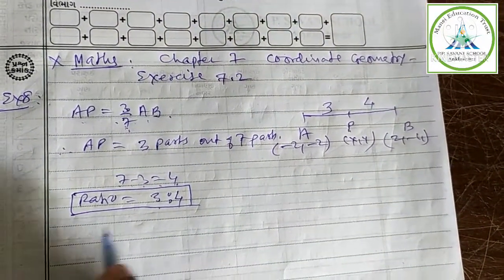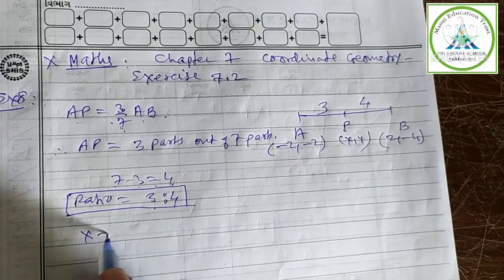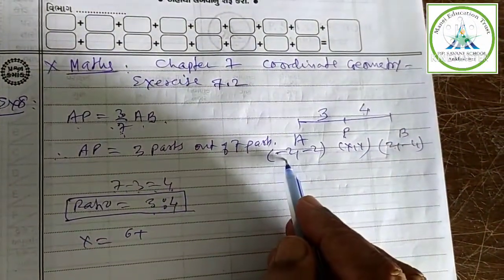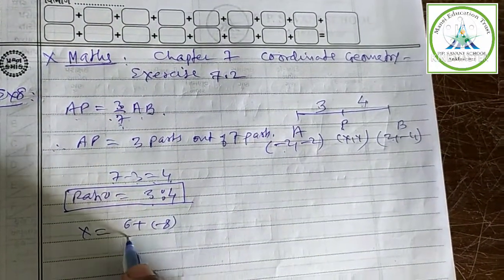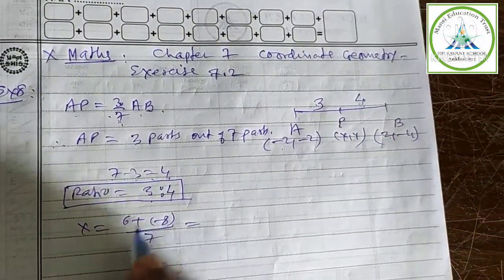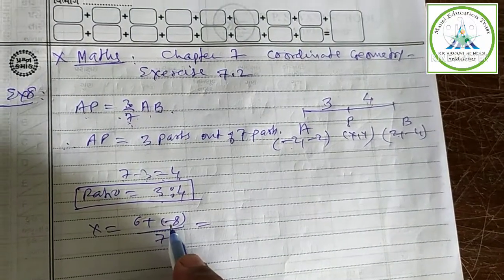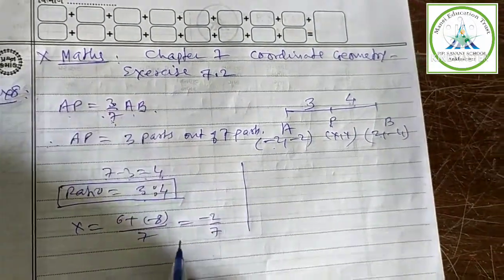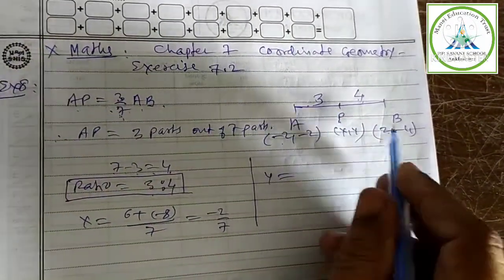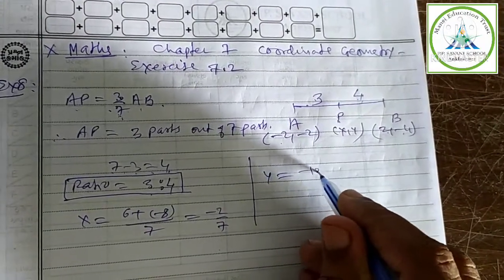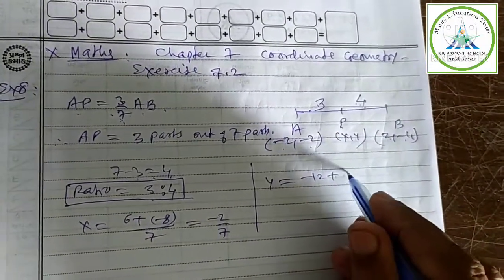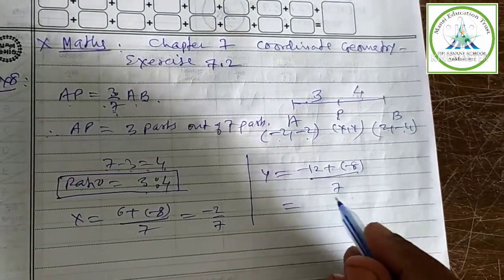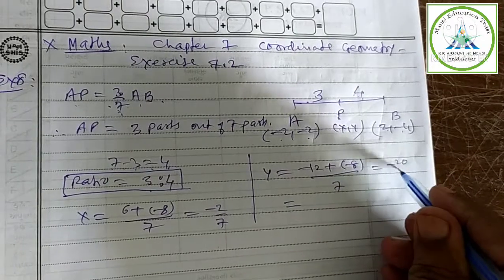Got it? Now, as per the section formula, x equals (3 × 2 + 4 × (-2))/(3 + 4) = (6 - 8)/7 = -2/7. And y equals (3 × (-4) + 4 × 2)/7 = (-12 + 8)/7... that is, as computed, -20/7.